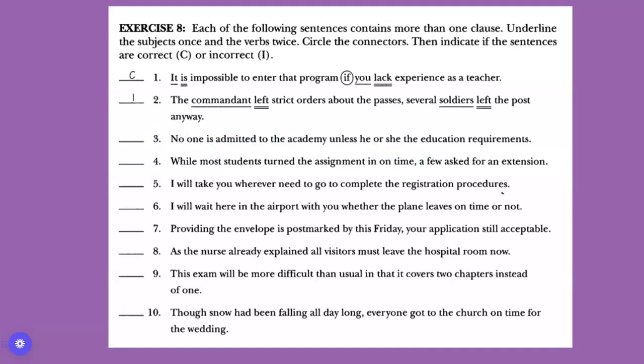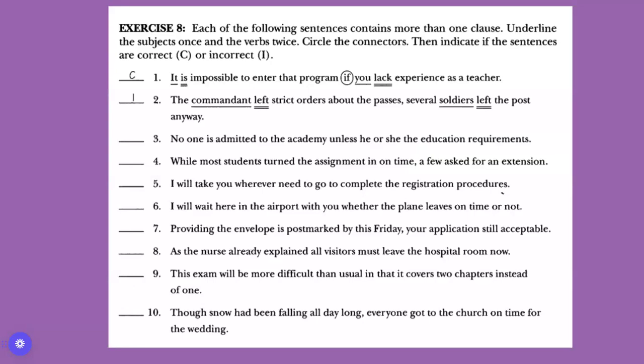Number 4. While most students turned the assignment on time, a few asked for an extension. Correct or incorrect? I think it's incorrect.